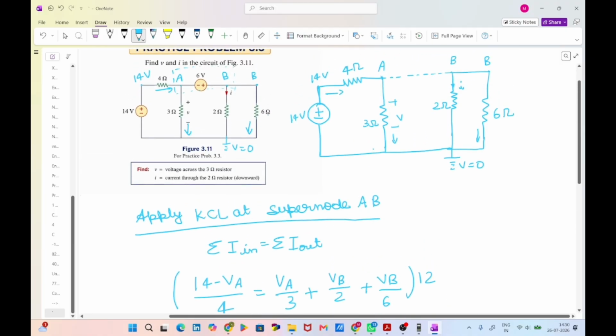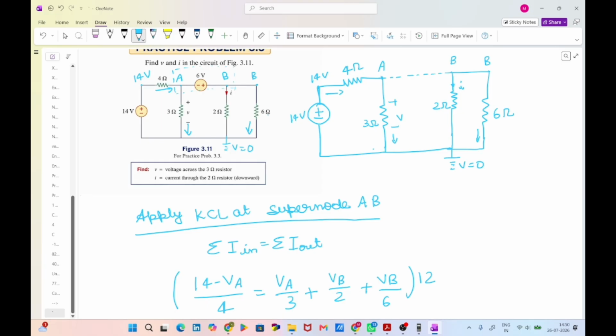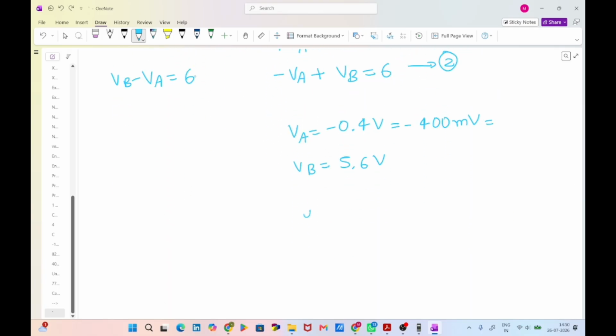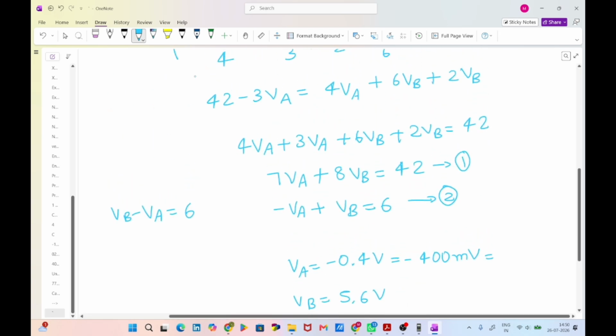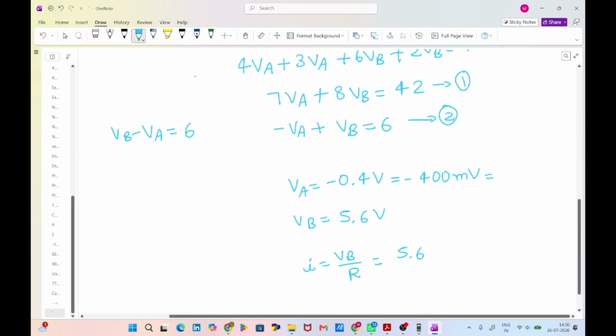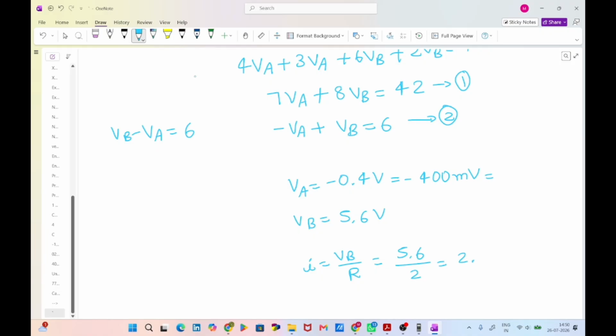We know that V is equal to IR, so I is equal to V by R. For that we write I is equal to VB by R. VB is 5.6 and R is 2 ohm, so divided by 2, that will become 2.8 amps.